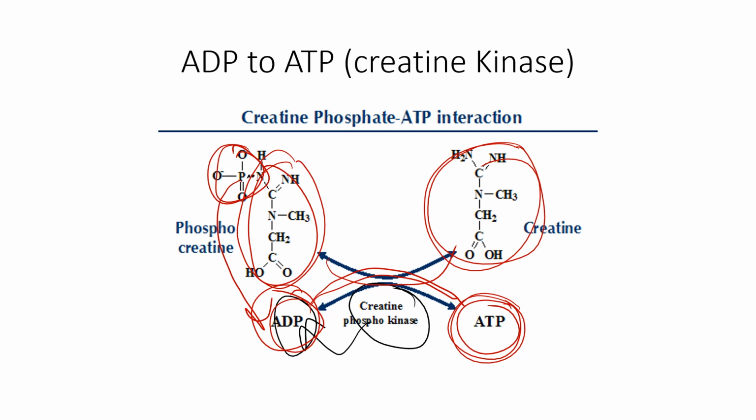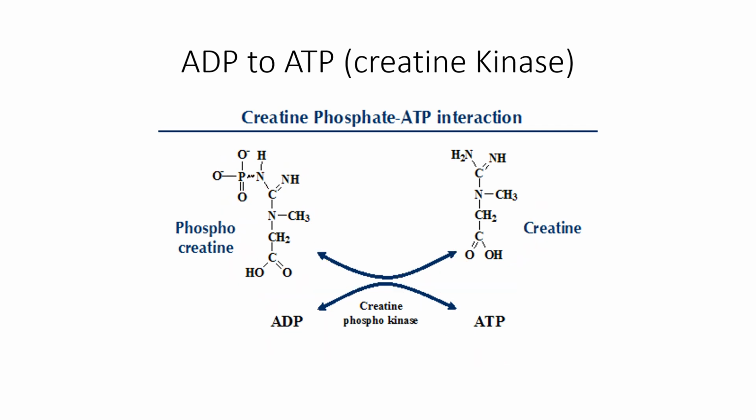Now we have to talk about why this reaction is so important, and why it would be used in this circumstance of a sprint. That requires you to go back and think about the circumstance. Within the muscle cell, all of a sudden you have this incredibly high ATP demand that came out of nowhere.